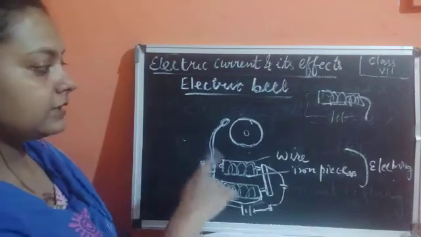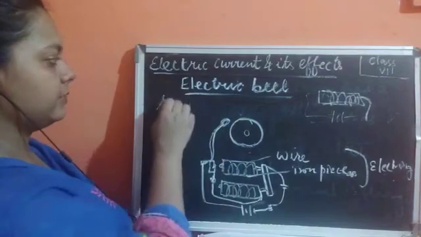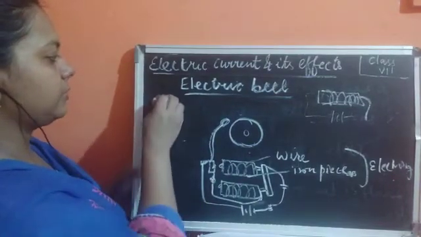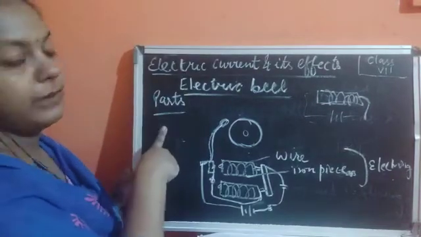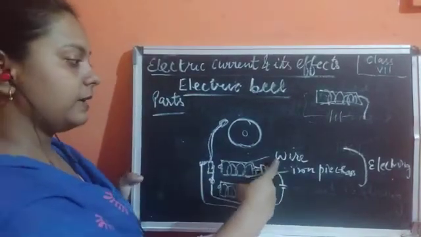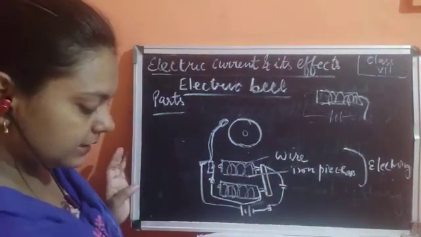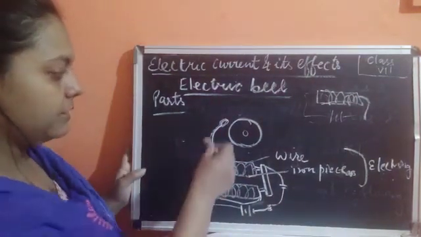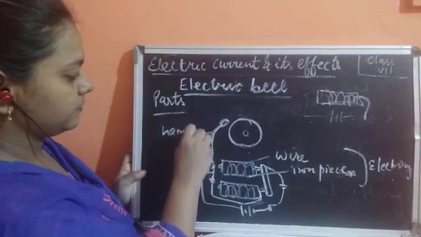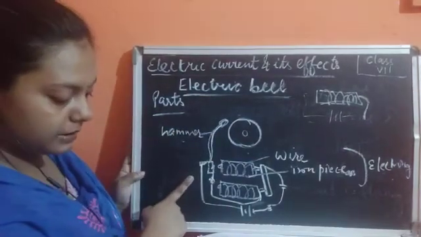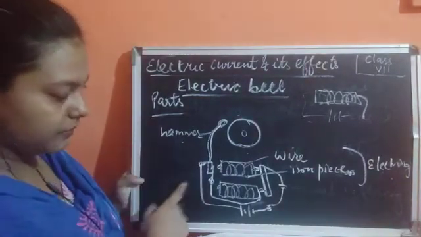Let us first see the structure of this electric bell. What are the parts of an electric bell? The first part is this wire which is wound on the iron piece. Next, an iron strip with a hammer is there. This is known as the hammer, which is kept close to this electromagnet on this side.